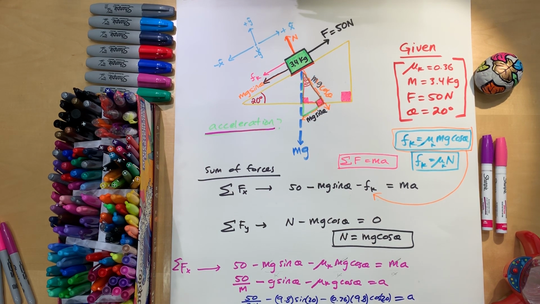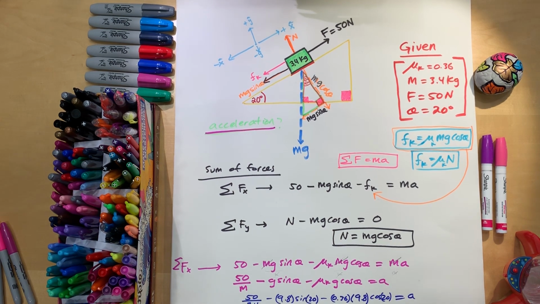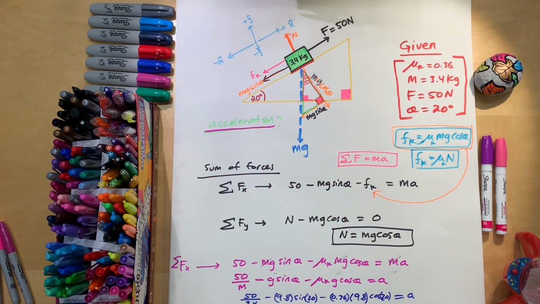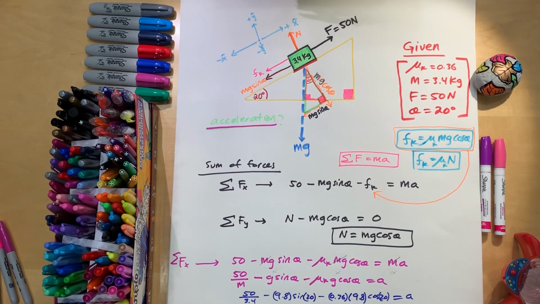All of that is going to equal acceleration. So make sure we got it all. We missed the m. So under here is just 3.4. And everything is going to equal.